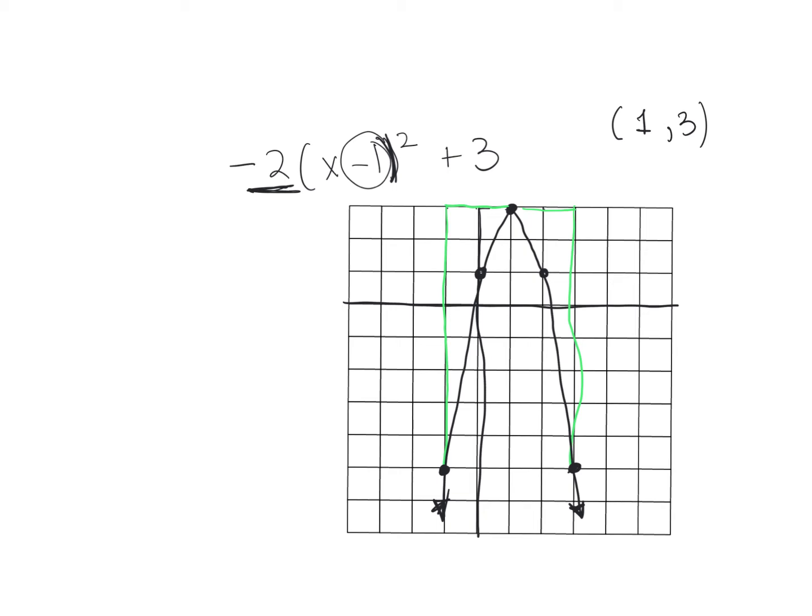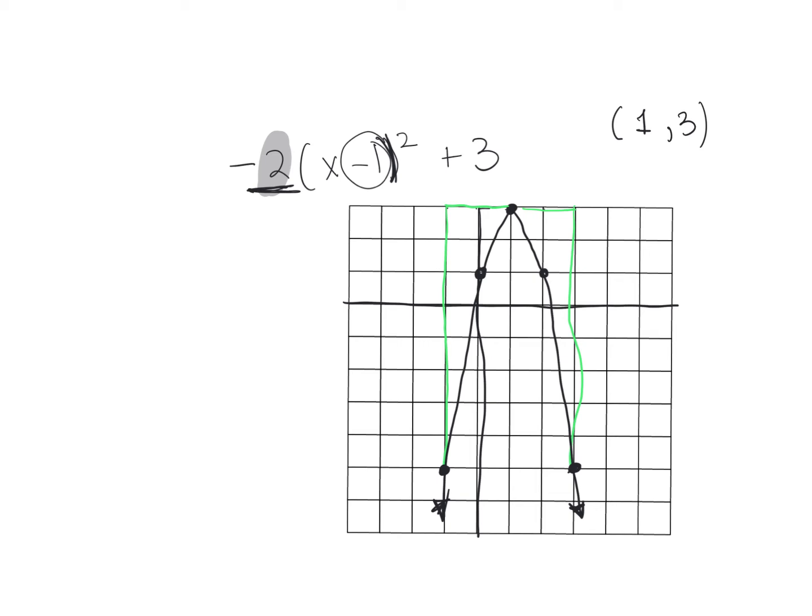I think I understand what you're saying. If I didn't have this 2 here, then it would just be 4. Yeah, it is 8 because I had this 2 here, so I'm taking 2 times 4.